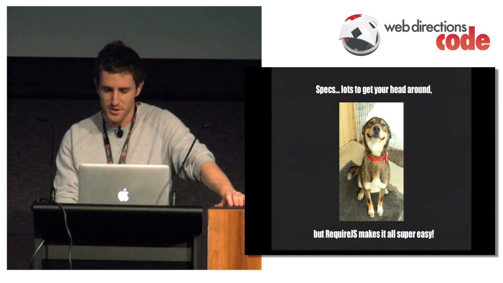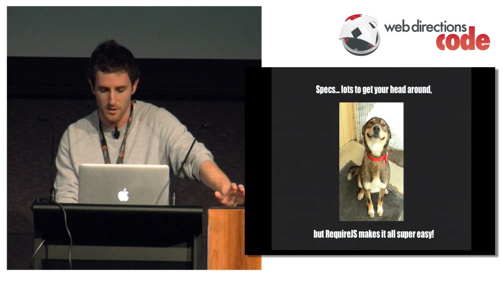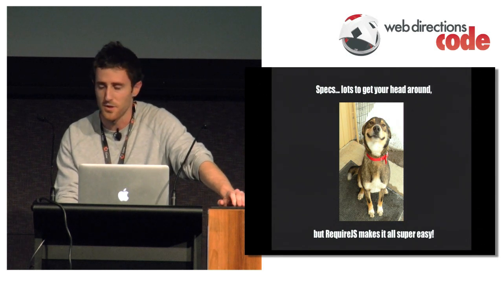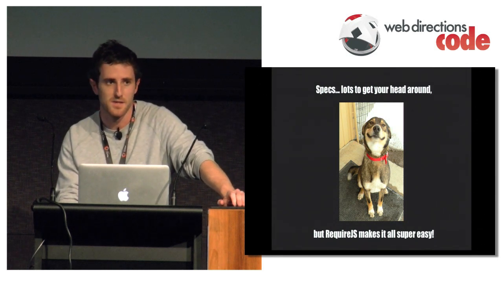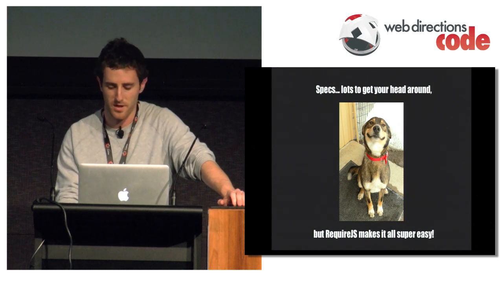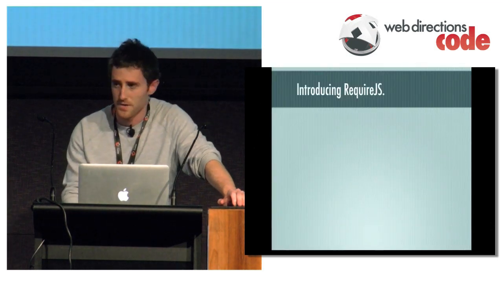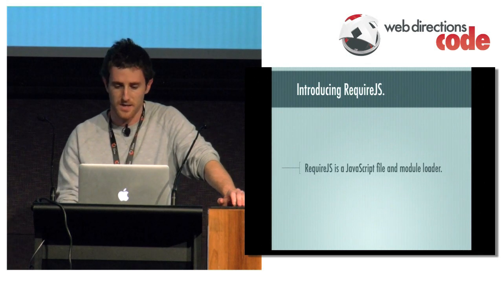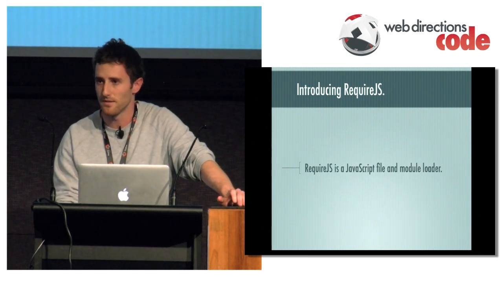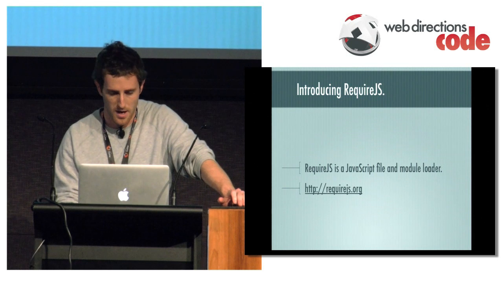Specs are hard, but fortunately, the guy behind Requirejs has done a super job to make it really easy to start using modules in the browser right now. Requirejs is a JavaScript file and module loader that you can download off GitHub or the website.